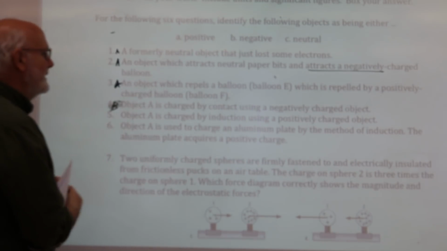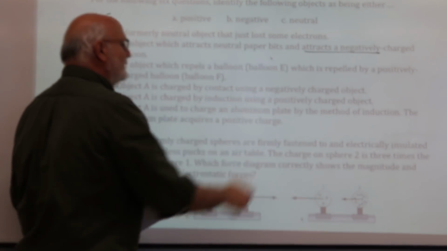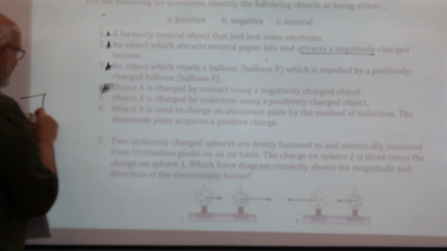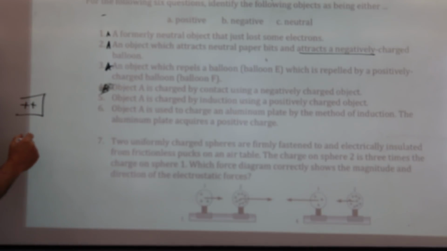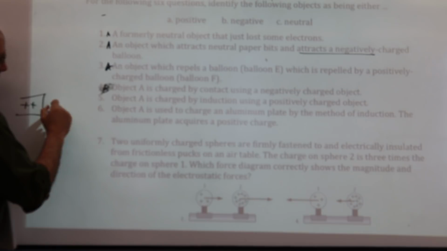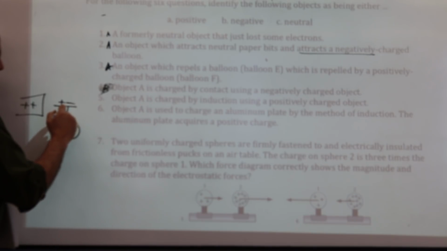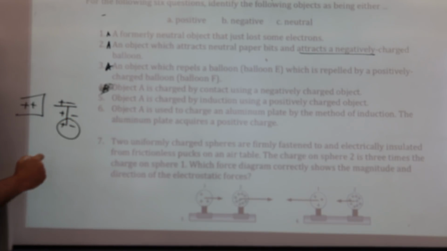Object A is charged by induction. Okay, let's be careful here. Induction by a positively charged object. Here's your positive charge. Here is your object. We'll make it an electroscope. This positive is going to take the neutral electroscope.